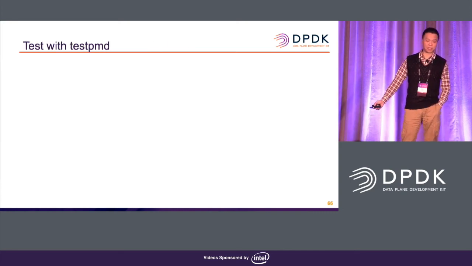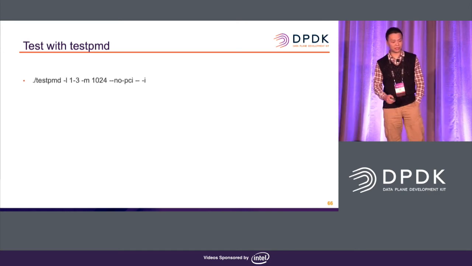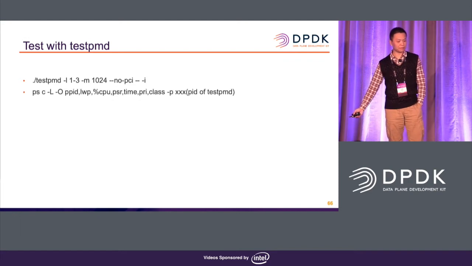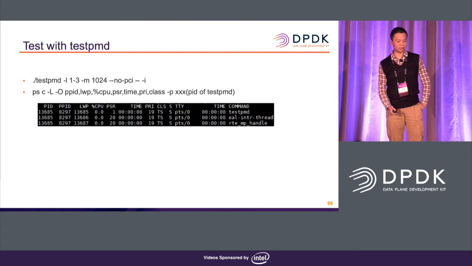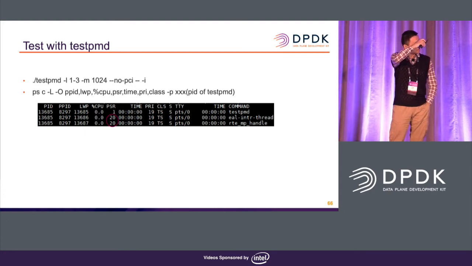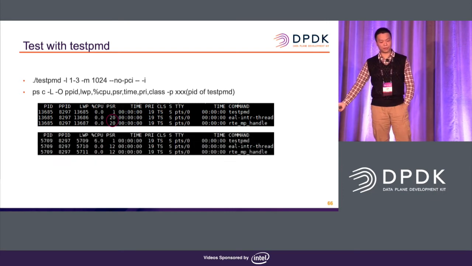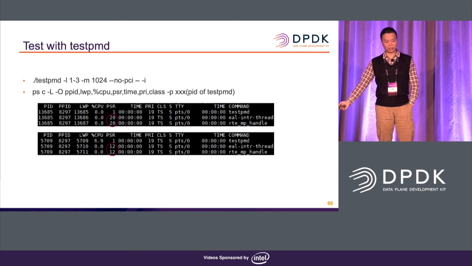We did an experiment, a test with TestPMD. We run TestPMD using these parameters. And for several runs, the first time we checked, these two threads used the 20th LCPU, and the second time, we found that they used the 12th.